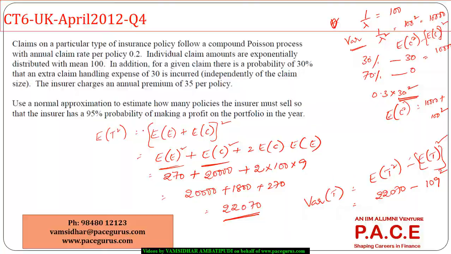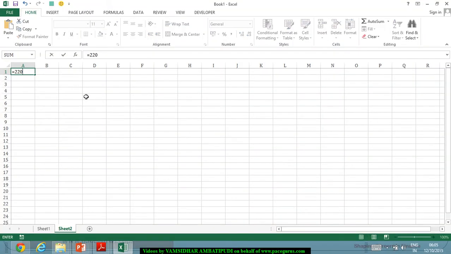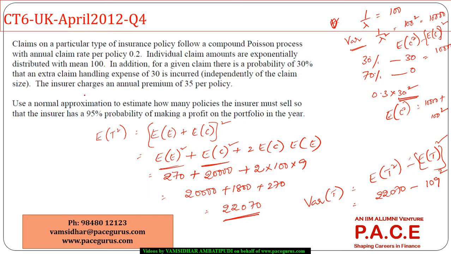So variance of T comes out as 22,070 minus 109 squared.